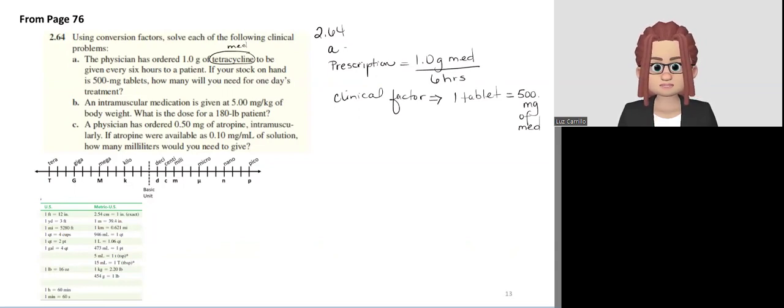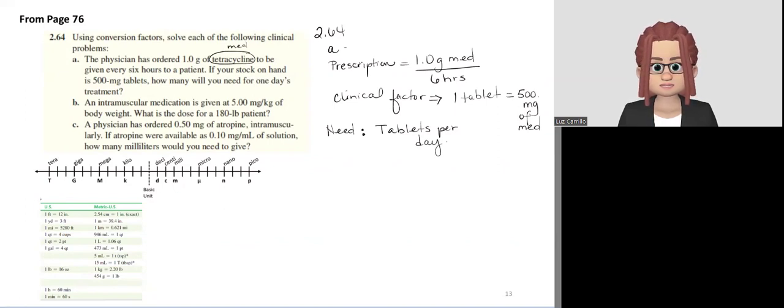So with this, overall, the question wants to know, how many would you need for the whole day? So even though this information that I wrote down is the given, what we need to find is tablets per day.